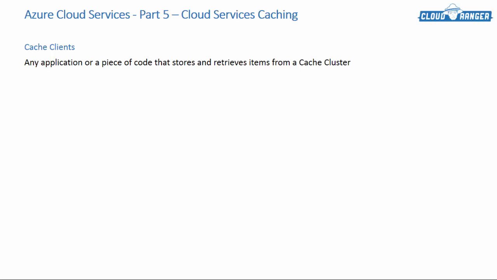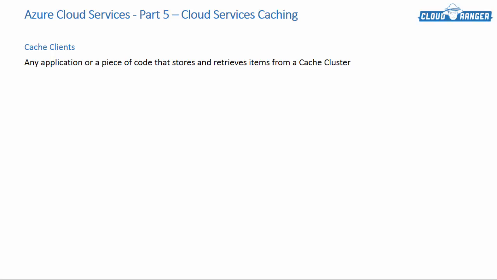The last topic I want to talk about is the cache clients. Like I mentioned, a cache client basically means any application or piece of code that stores or retrieves items from a cache cluster. It's very simple. Your cache client might be your web app itself, or a small piece of code in your web application that's accessing or writing to the cache cluster.